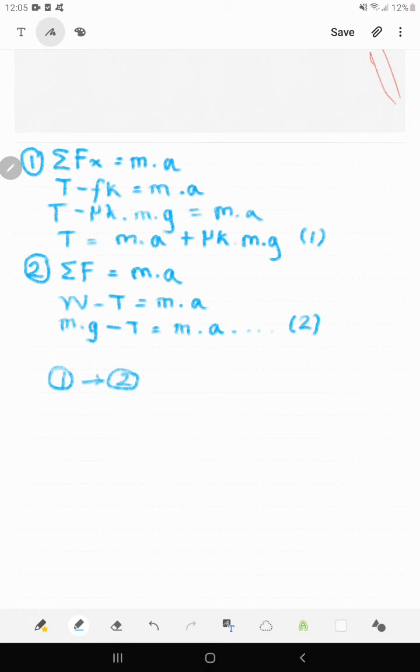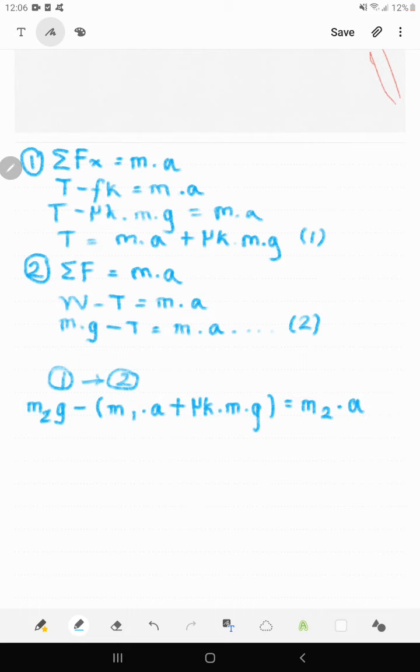The substitution will be m of second object times g minus open parenthesis m of first object times a plus the friction close parenthesis equals m of second object times a.